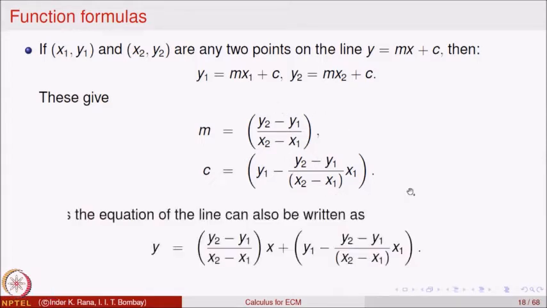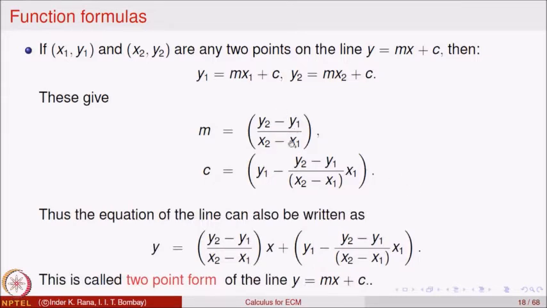So, one can write the equation of the line as y equal to (y2 minus y1) divided by (x2 minus x1) multiplied by x plus c, where the value of c as calculated above is y1 minus (y2 minus y1) divided by (x2 minus x1) into x1.